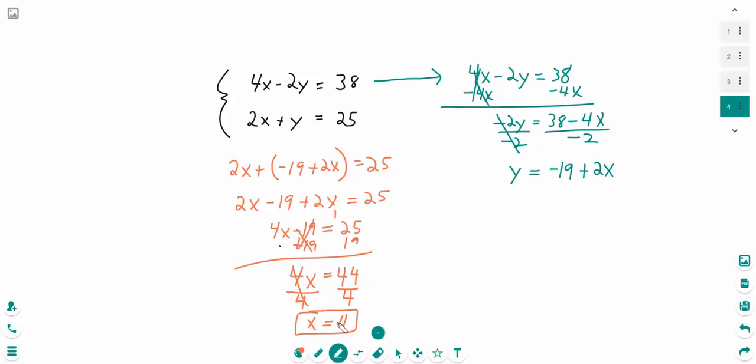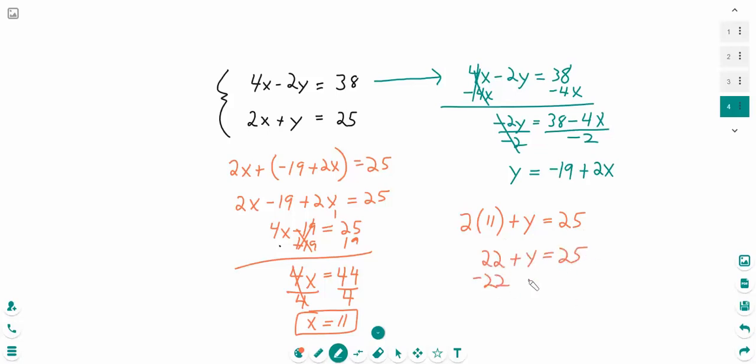So we have x is equal to 11. We can now plug that into either of these equations. You choose, which I guess you can't because you're watching a video, so I'll have to choose for you. Let's choose the second one. So we have 2x, which we know is 11 now, plus y is equal to 25. So 2 times 11 is 22, plus y is equal to 25.